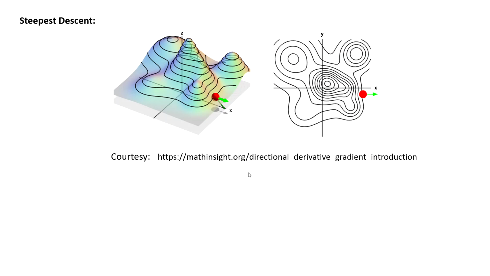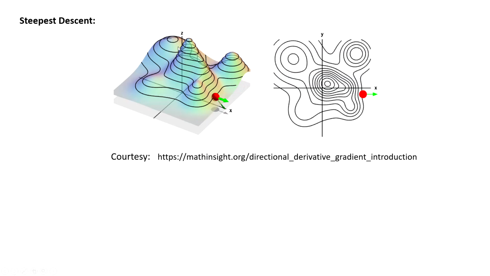The water looks for the direction in which the slope is changing the fastest, the height is changing the fastest, and that is the direction in which water flows. Now, that is precisely what the gradient vector indicates.